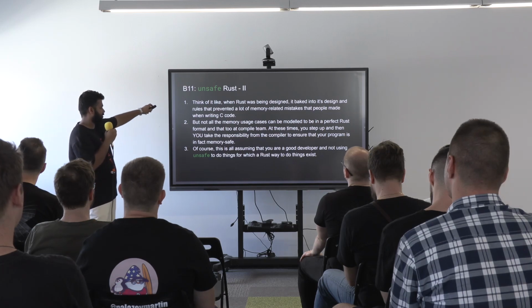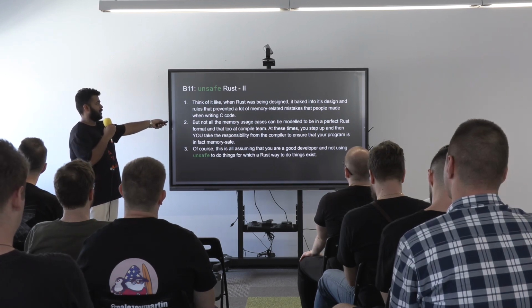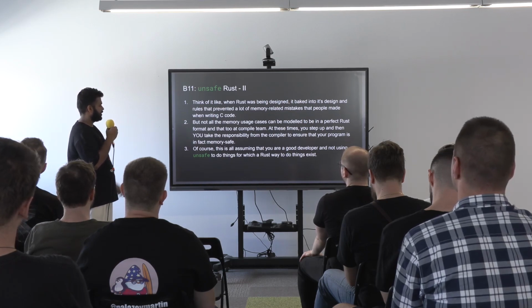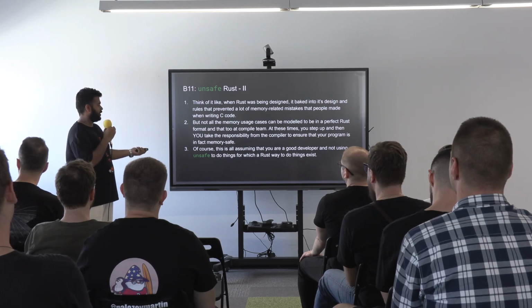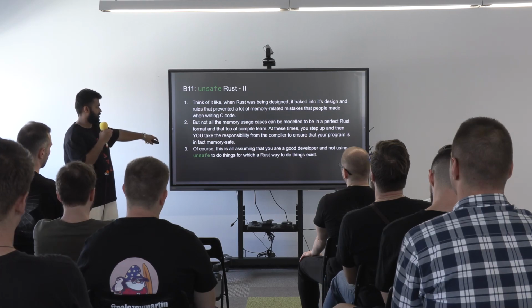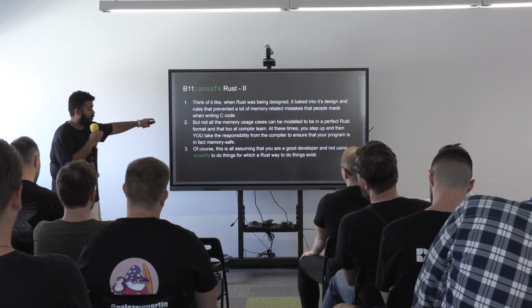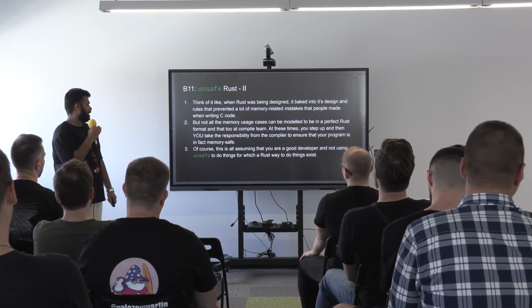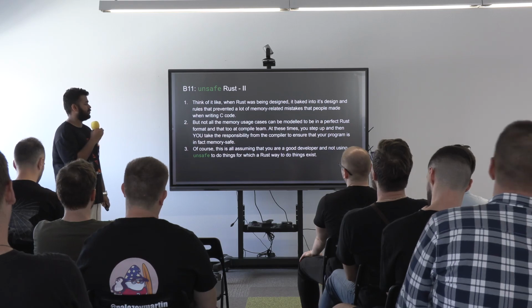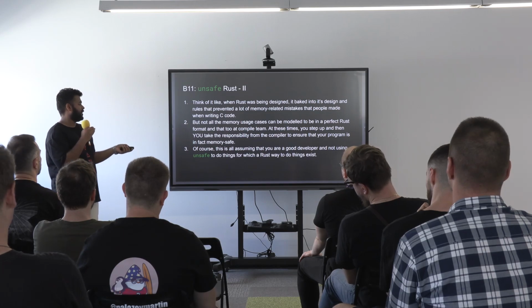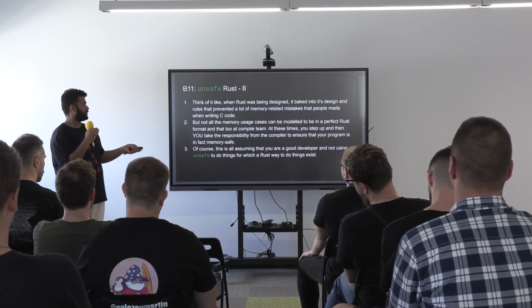But not all memory usage cases can be modeled into perfect Rust, and that too at compile time. So at these times, you have to step up and take the responsibility from the compiler to ensure that your program is in fact safe. And of course, this is all assuming that you are a good developer and not abusing unsafe to do things for which Rust already has a way.